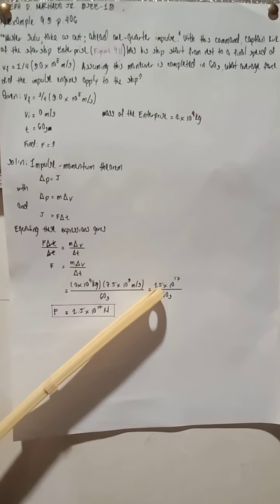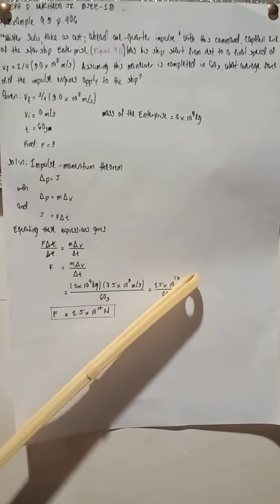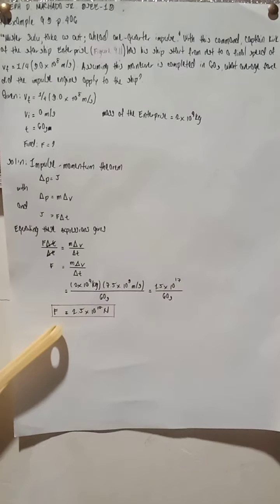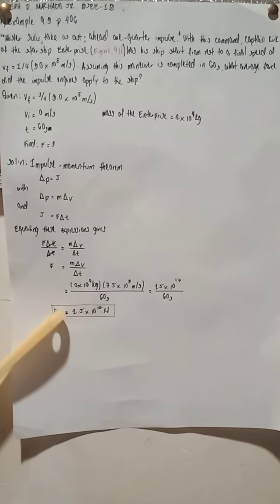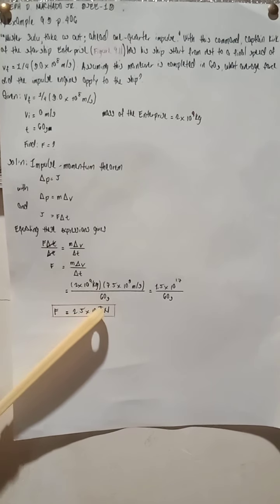So the answer is 1.5 times 10 raised to the power of 17 over 60 seconds. So we're going to compute this one. The answer is force is equal to 0.5 times 10 raised to the power of 15 Newton.